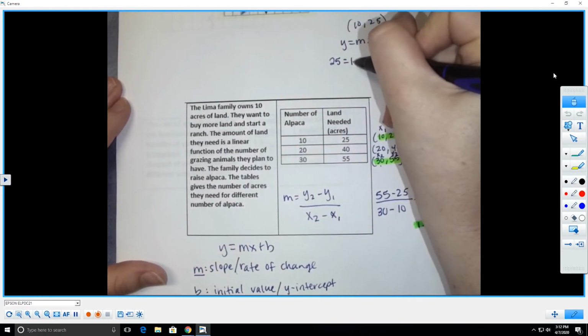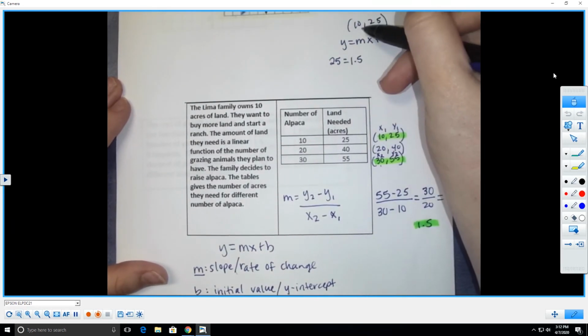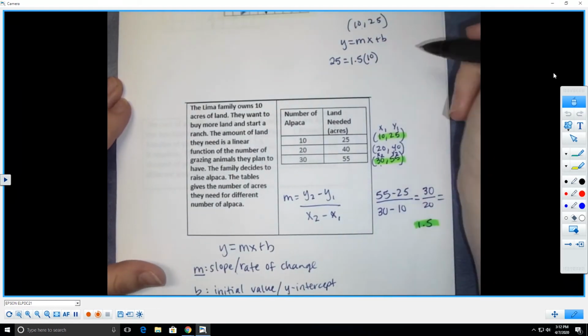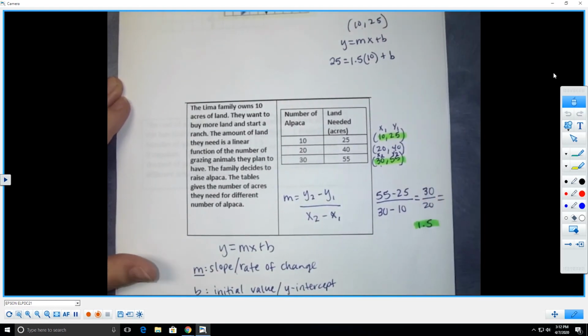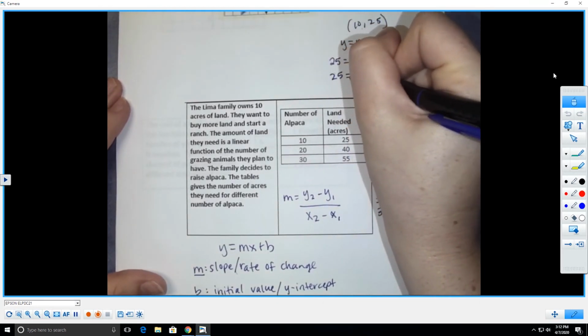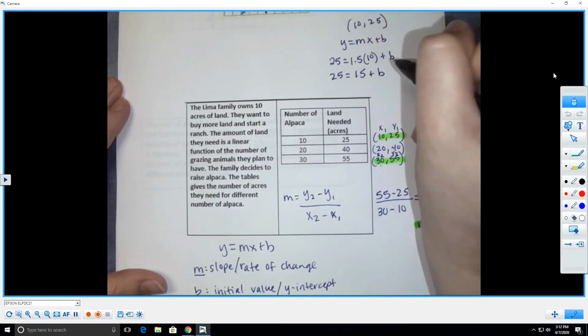My slope is 1.5. When y is 25, x is 10, and I'm solving for b. So I have 25 equals 15 plus b.